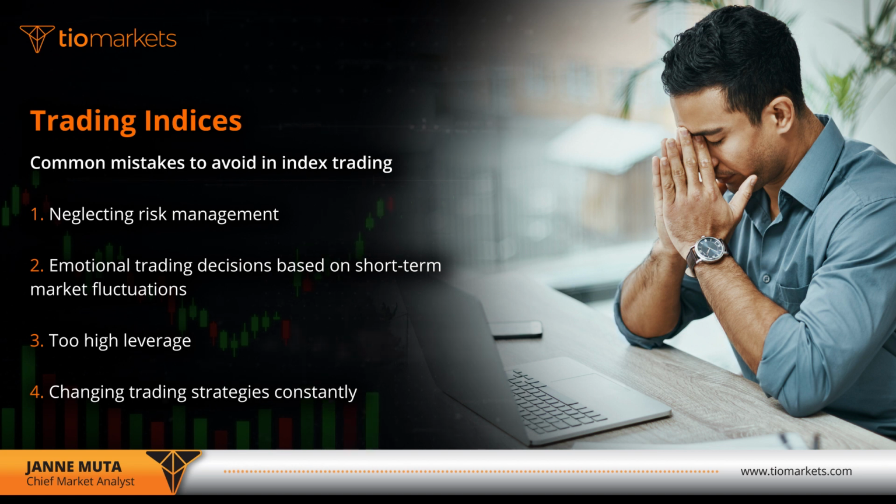So make sure you are using small leverage, and only when you have been trading for longer do you start increasing your trading size. Your trading statistics have to be so good that a bigger trading size is justified.